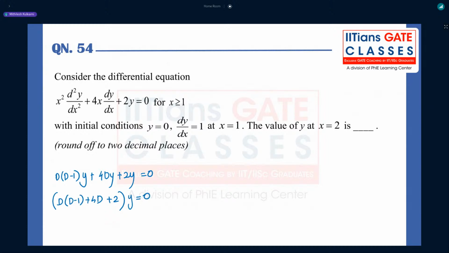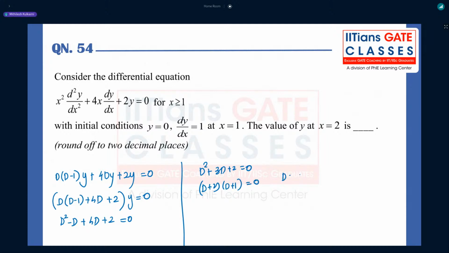Okay, so it's a homogeneous differential equation. Only the CF will be the function. D square minus D plus 4D plus 2 equal to 0. So D square plus 3D plus 2 equal to 0 is the algebraic equation we'll get, and D plus 2 and D plus 1 equal to 0 are the roots.